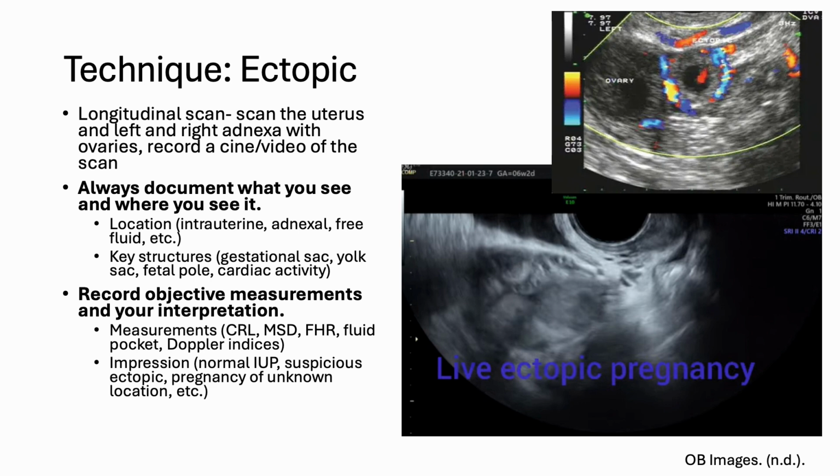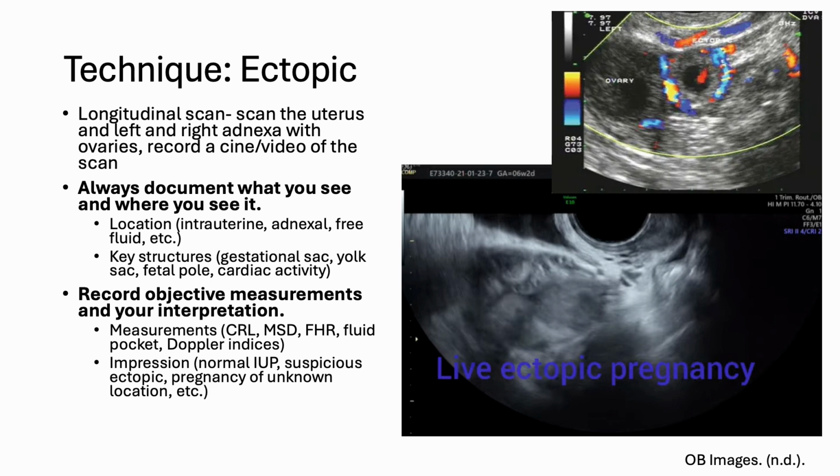It's important to record objective measurements, so measurement of the crown rump length, fetal heart rate, and then saying your impression. If you see a uterus and if you see an intrauterine pregnancy, put that.